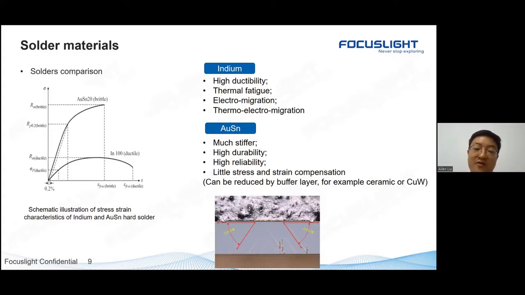However, gold-tin is much stiffer with higher durability and higher reliability. Because gold-tin is stiffer, there is little stress and strain compensation for the device bonding. To solve this problem, we can use a buffer layer, for example ceramic or copper tungsten, to reduce the stress.